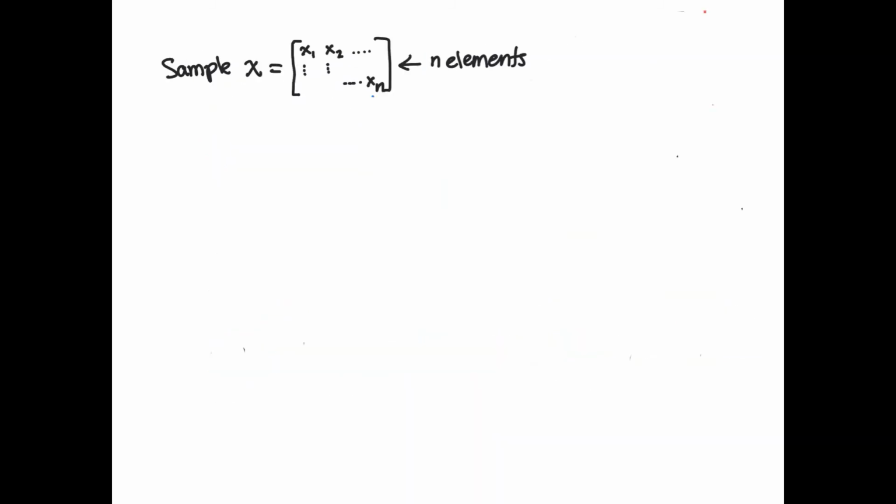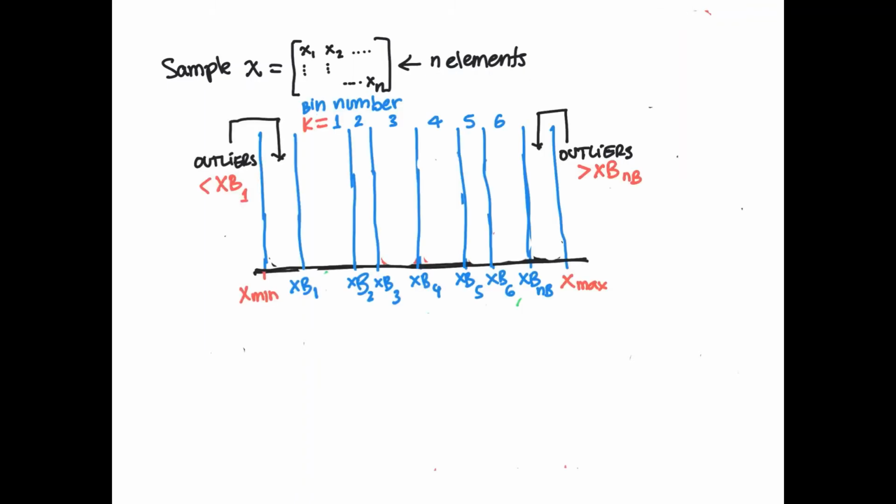Now, suppose that we take our sample X of n elements and think of the bins as these boxes where we're going to be putting data. And so we have that if the X minimum is below the XB minimum, the XB1, or if X maximum is greater than that, we're going to have outliers, both outliers less than XB1 or greater than XB, and this will be the most general case.